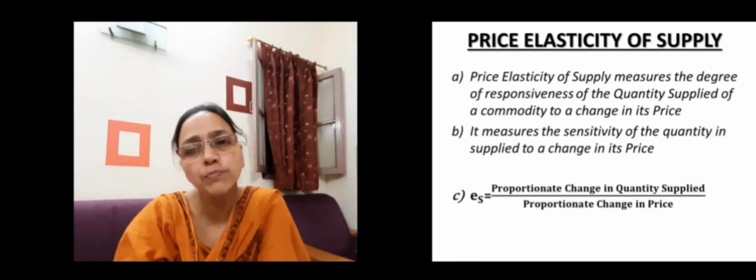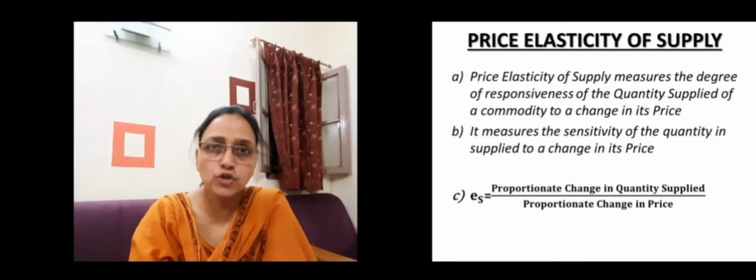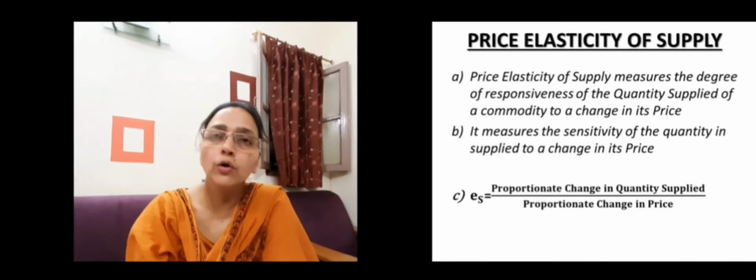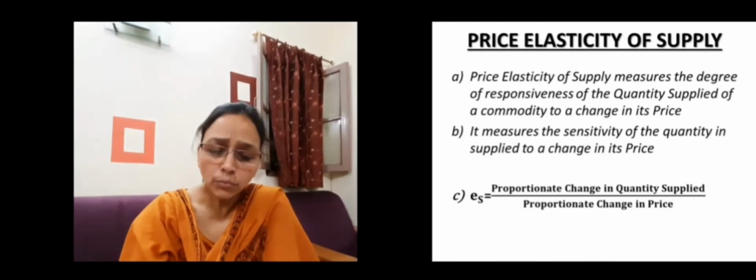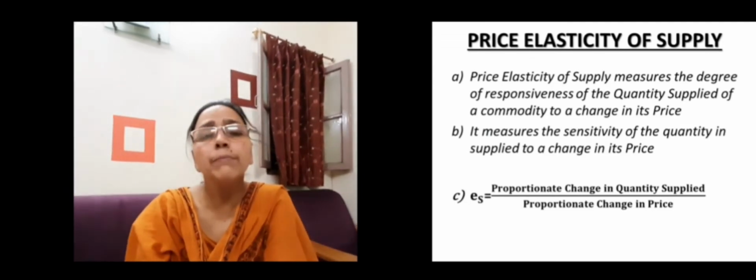Unit of measurement means kgs, liters, rupees, etc. Moreover, the price elasticity of supply will always be a positive number because of the positive relationship between price and supply. Now, we divide the price elasticity of supply into different degrees. We have 5 degrees because for different industries and different goods, the elasticity of supply will be different.